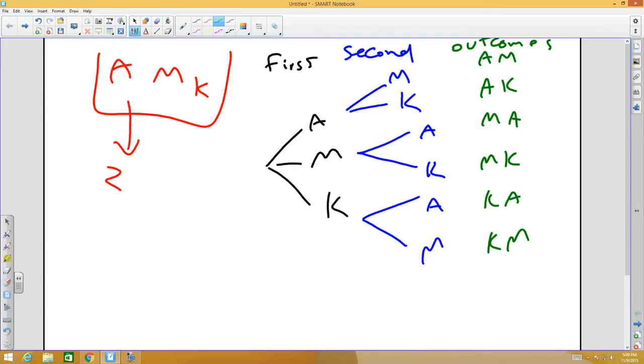So how many ways can you select 2 people from 3 people? 6 ways. Are you sure? Is there anything wrong here? Very good. There's nothing wrong here. So how many ways can you select 2 people from 3 people?